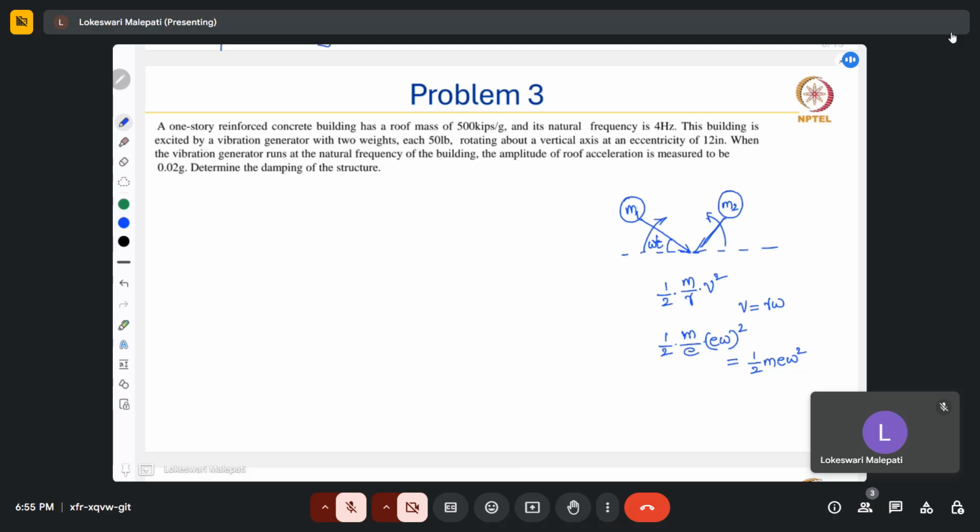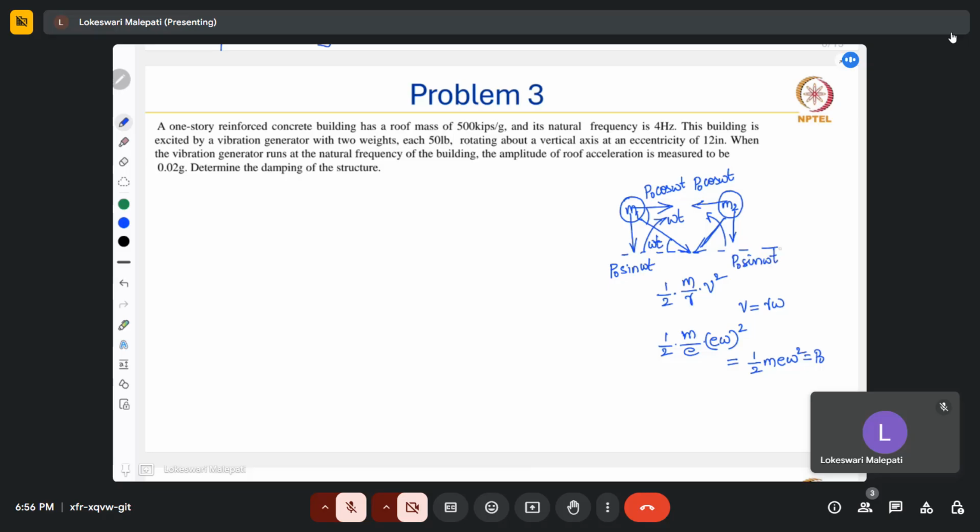If you see carefully, these forces can be resolved into horizontal and vertical components. This angle and this angle are alternate angles, so this is also omega t. Let's call the component P naught. The horizontal components are P naught cos omega t, and P naught cos omega t, so these two components get cancelled out, and we will be left with P naught sin omega t here, and P naught sin omega t here.